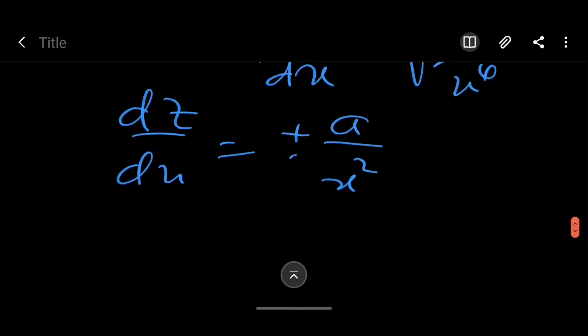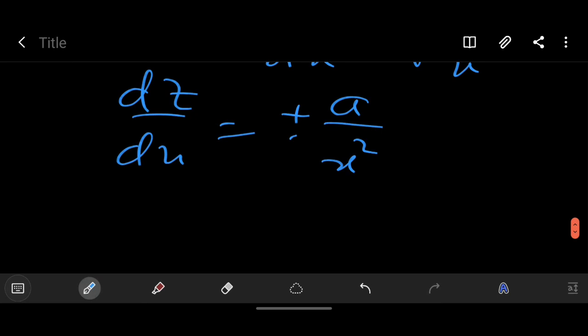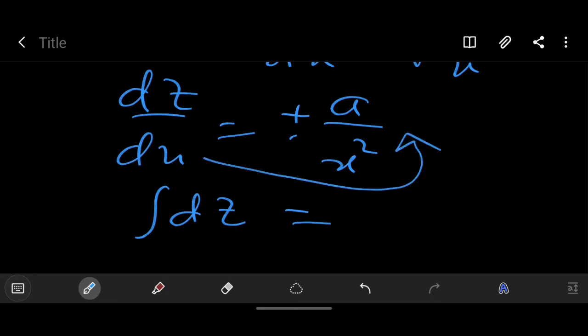Then we want to find out z, so we just integrate it. Integration of dz, and this dx would come here, then plus or minus. One thing we have to notice is that we take the positive part, not the negative part, so it would be easier to solve.